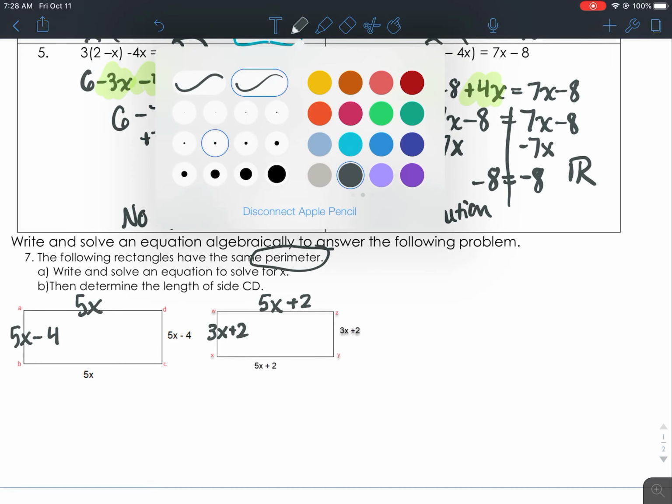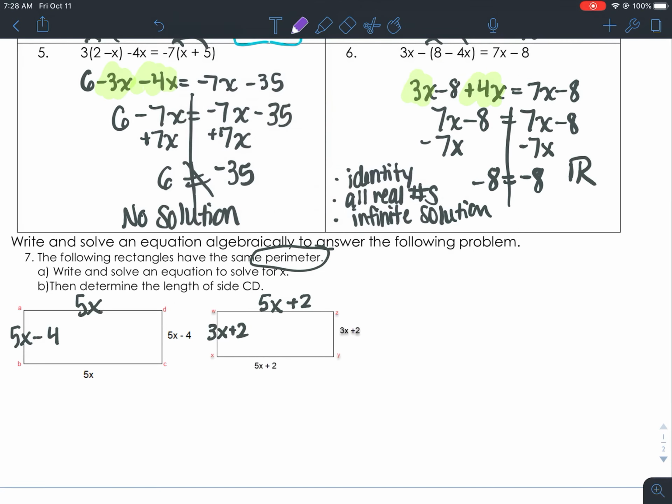So I'll just change colors so you can see what I'm talking about. I'm going to first add up all the sides of rectangle ABCD. So I have 5x and 5x and 5x and 5x. So that's going to be 20x. And then I have a negative 4 and a negative 4, so that's going to be minus 8. So that's the perimeter of the first rectangle.